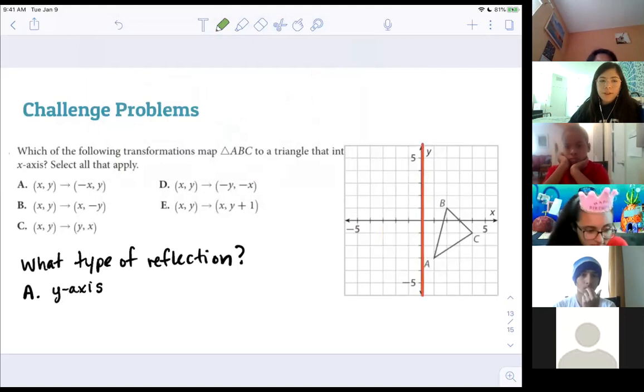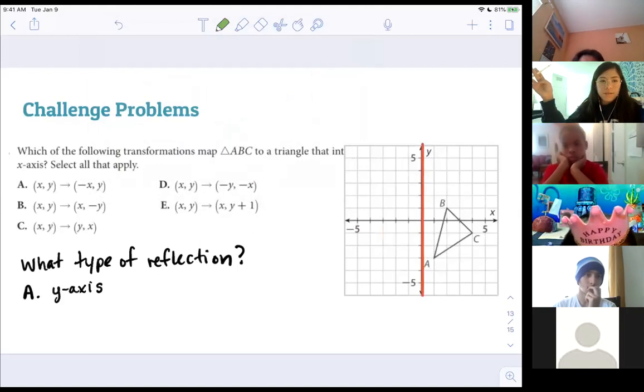Somebody else, yes or no? Visualize the image. I'm not going to draw it yet. Visualize it. Will it cross the x-axis? I think no. Anybody else? Agree or disagree?